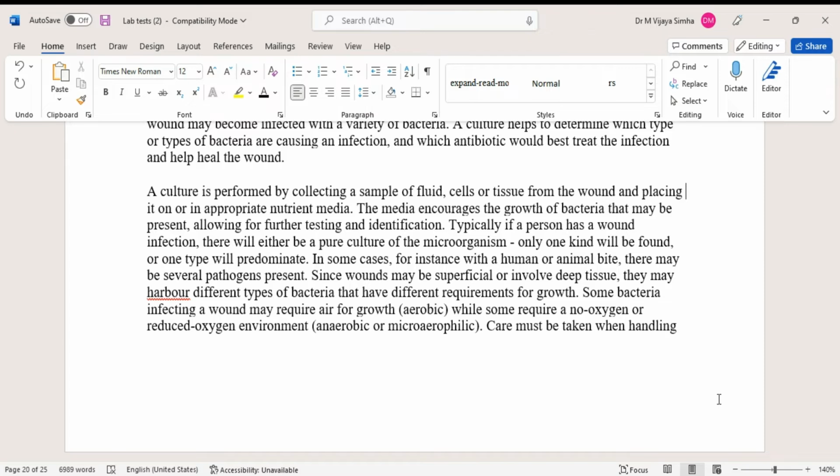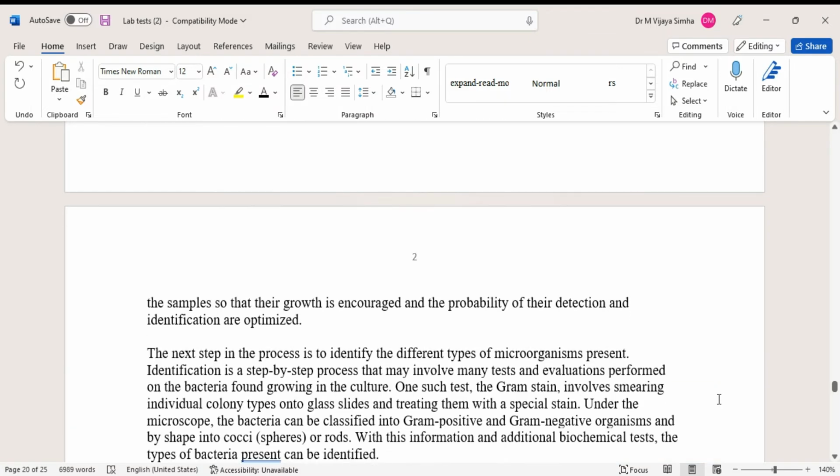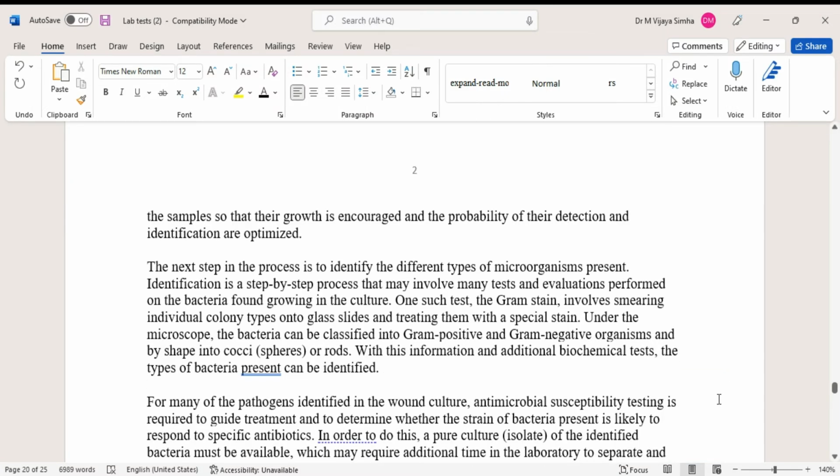Care must be taken when handling the samples so that their growth is encouraged and the probability of their detection and identification are optimized. The next step in the process is to identify the different types of microorganisms present.